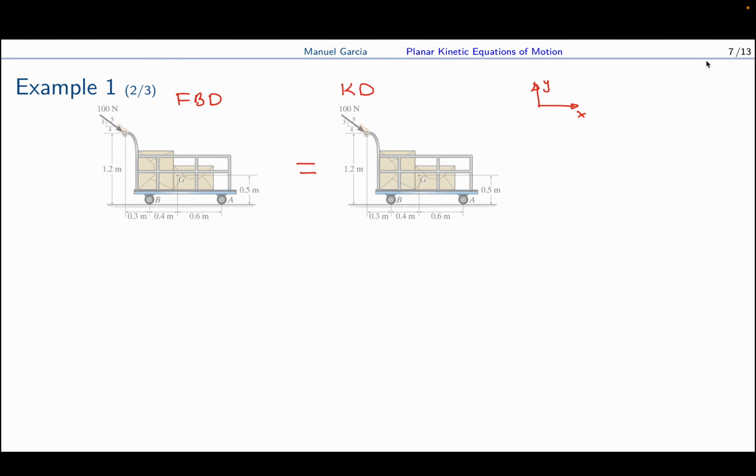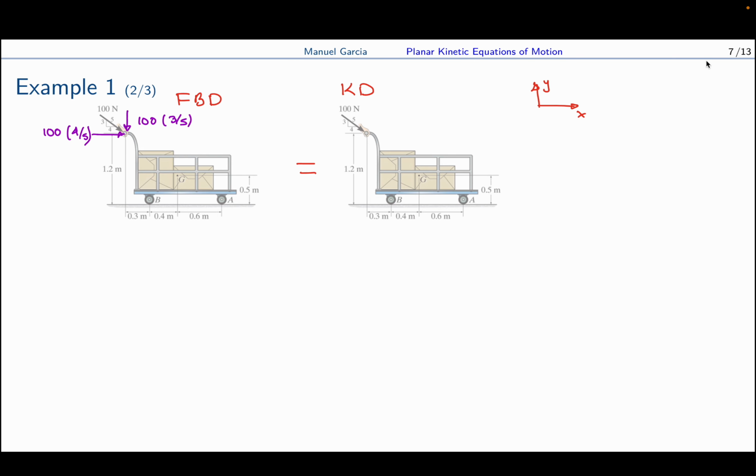The 100 newtons force is divided in 2. The horizontal component is 100 multiplied by the cosine of the angle, which is 4 over 5, and the vertical component is 100 multiplied by the sine of the angle, which is 3 over 5.